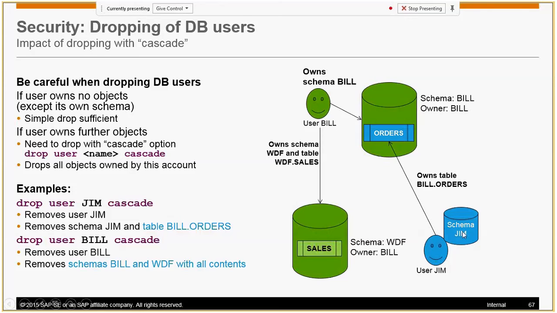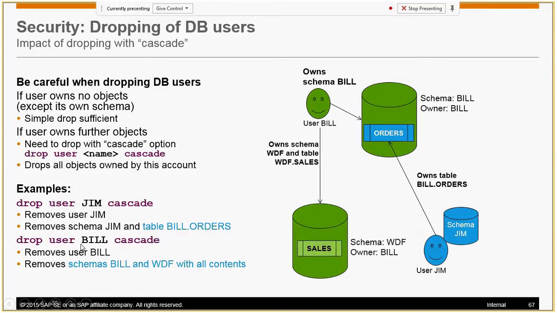When I drop user Jim, user Jim will be deleted, schema Jim, that is the schema associated to him, will be deleted, but also the table that is located in another schema, but that doesn't matter, because the only thing that matters is who is the owner of this table. So also this table will be deleted from the system. Same for Bill.